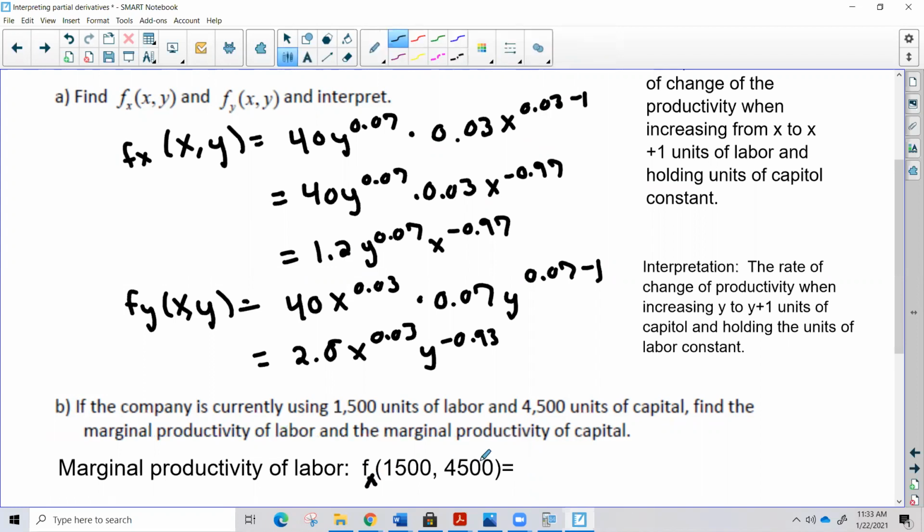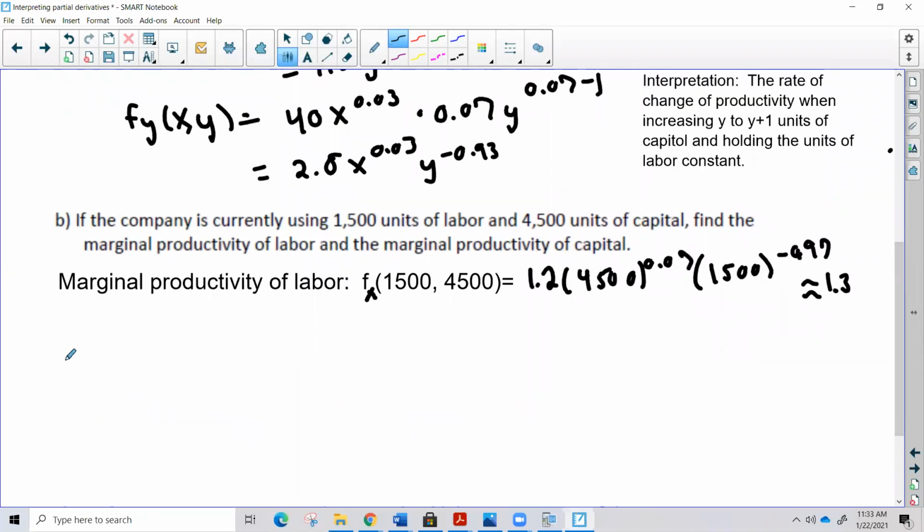And so I'm going to plug into my derivative 4,500 for Y and 1,500 for X. And if you calculate that, you should get approximately 1.3.